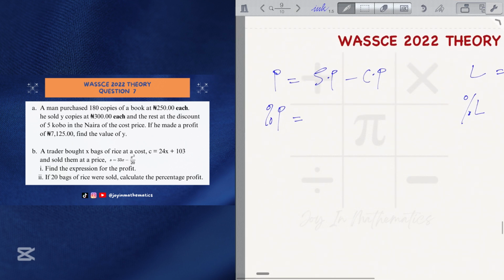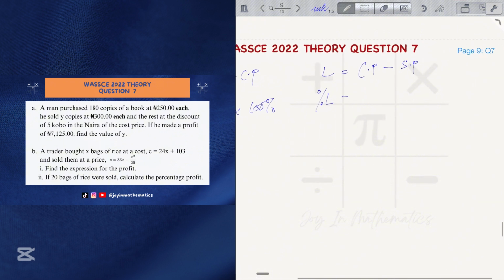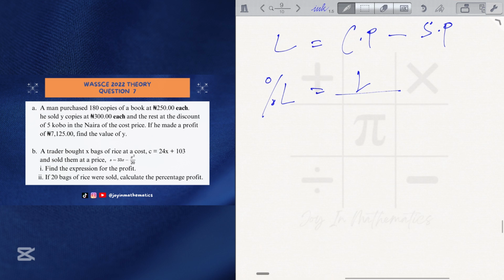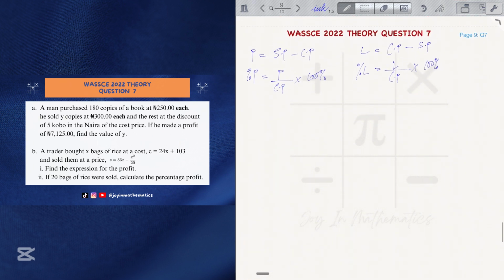In the same vein, percentage profit is equal to profit divided by the original price we bought the product, that's the cost price, multiplied by 100%. And percentage loss is equal to loss divided by the cost price multiplied by 100%. So we're going to apply these 4 formulas to the questions.